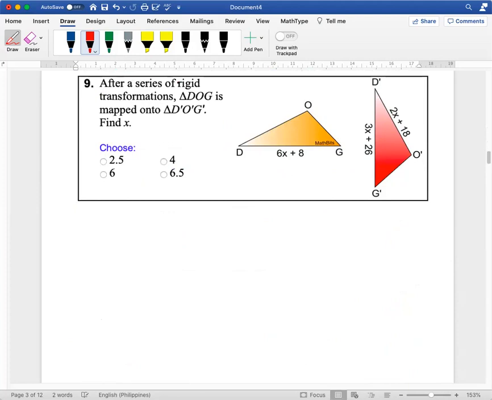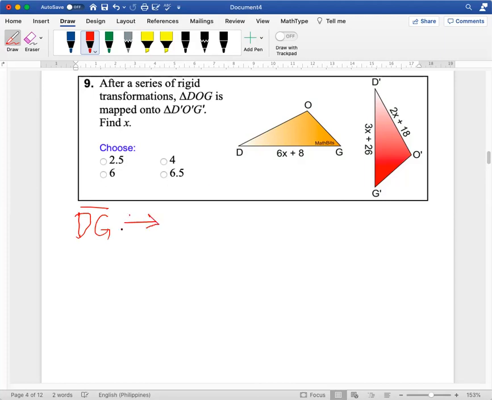Now number 9, after a series of rigid transformations, triangle DOG is mapped into triangle D prime, O prime, G prime. So find the value of x. All right, so on the triangle DOG, the segment DG corresponds to what?